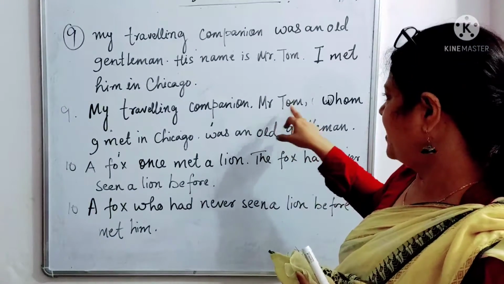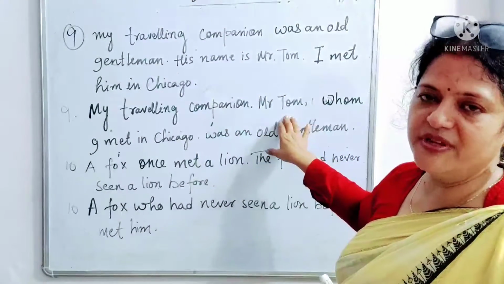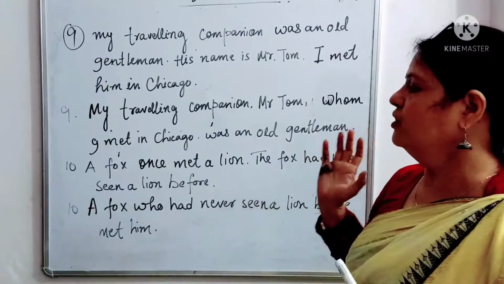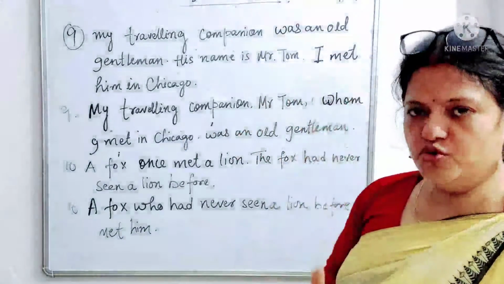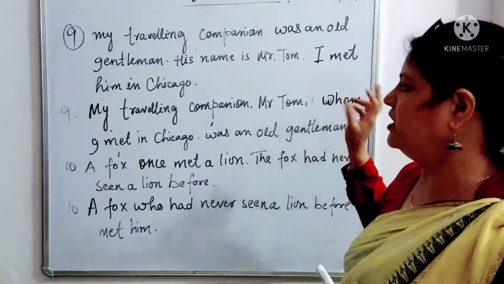Since we know that Mr. Tom is the subject of our principal clause, we have to divide the principal clause into two parts, because after Mr. Tom we have to write this subordinate clause.